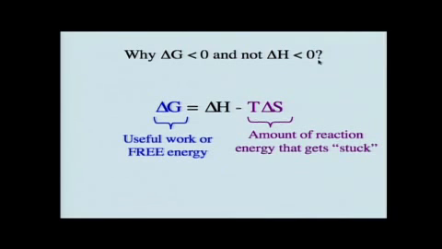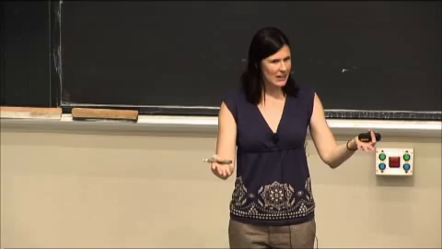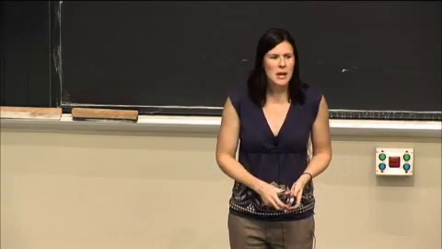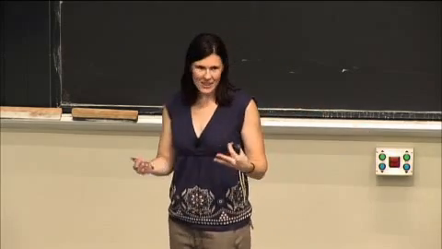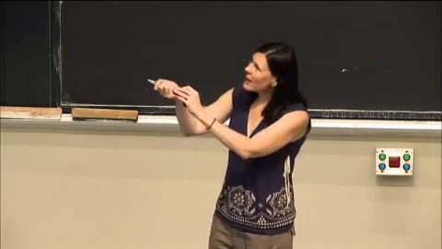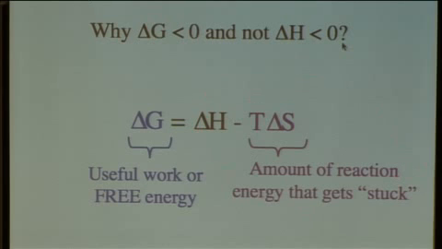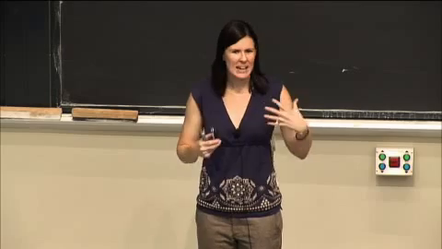Whereas when we were talking about enthalpy here, this is the amount of heat that's released when we break and form the bonds in the reaction, but some of it actually gets stuck in the molecules, and this is just a way to think about it. That this term here is one way we can think about it as just some energy that's getting stuck.